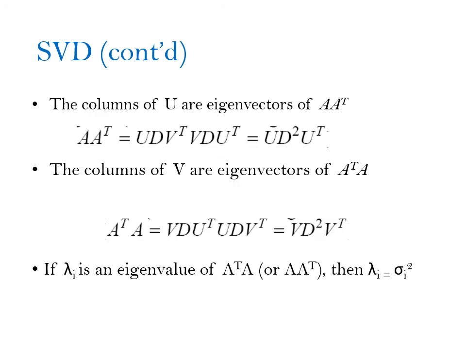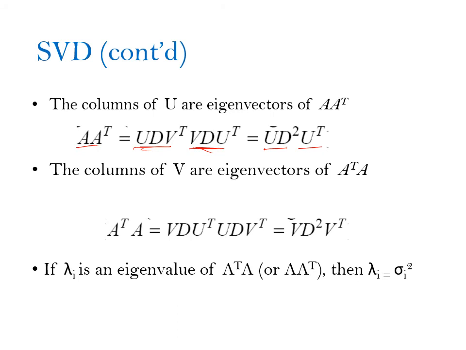The columns of U will be eigenvectors of the matrix A times its transpose. So A transpose A will be equivalent to this: this is A, the transpose of this will result in this one, and the product of this will be equivalent to U diagonal square times U transpose.